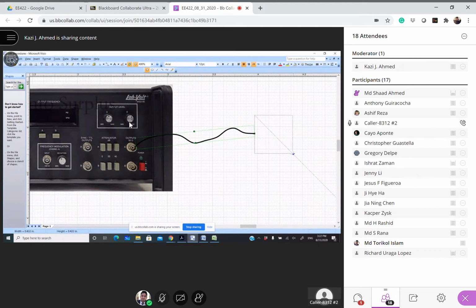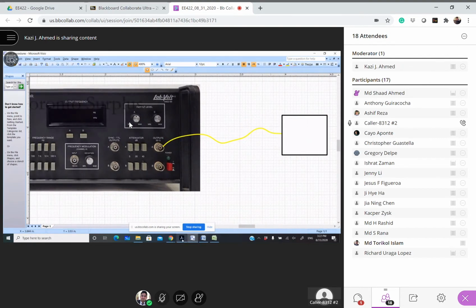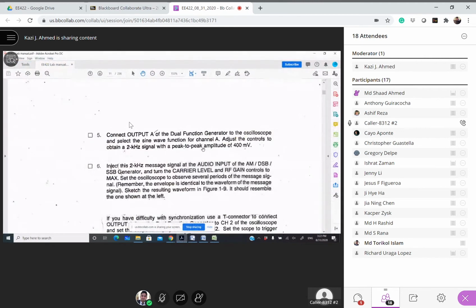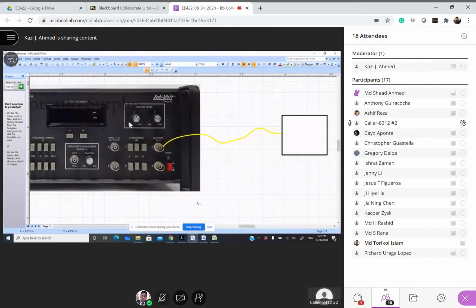So here, we connect this with the oscilloscope and we need to create a sine wave with a 2 kilohertz signal, peak to peak amplitude of 400 millivolts. Okay, let's see quickly what's going on. If I can amplify again, let's see.